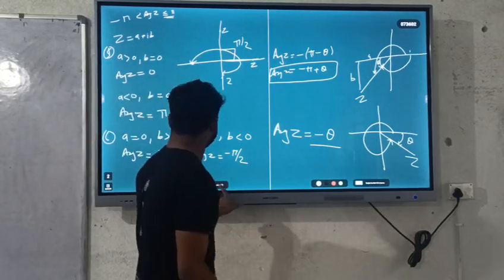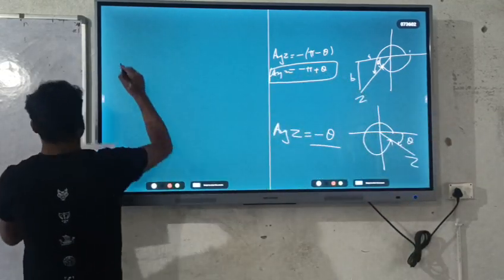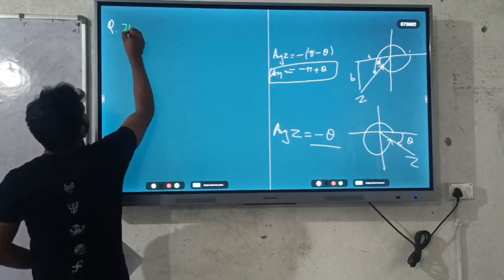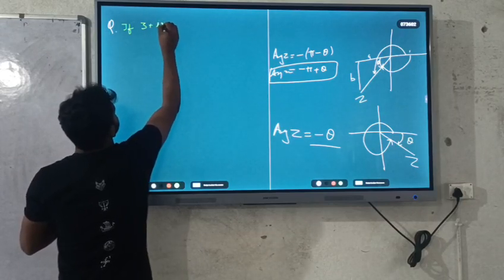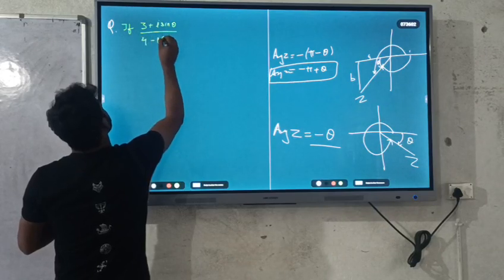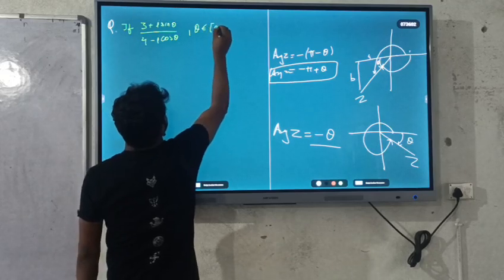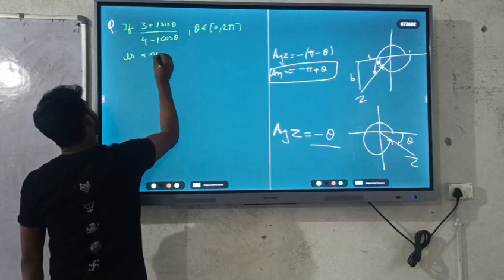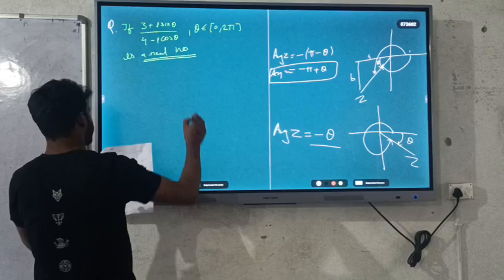Let's do a simple question to calculate an argument. So what is the question here? If (3 + 4 sin theta) over (4 - i cos theta), where theta belongs to 0 to 2 pi, is a real number. Remember this, it is a real number.